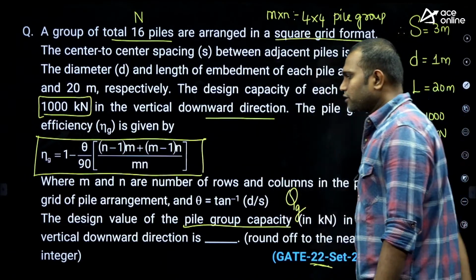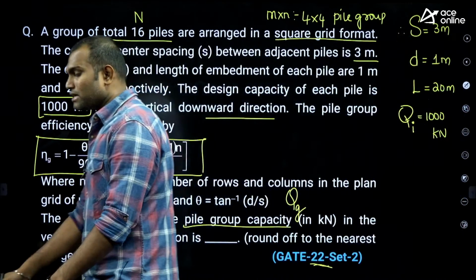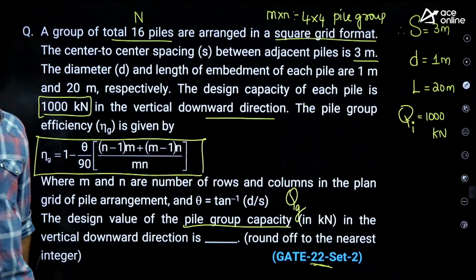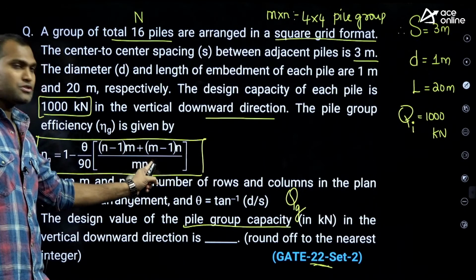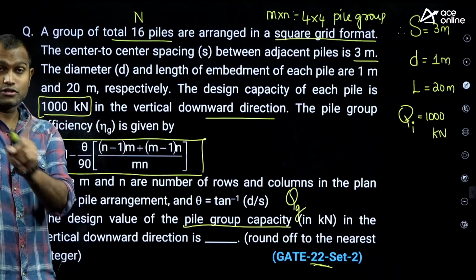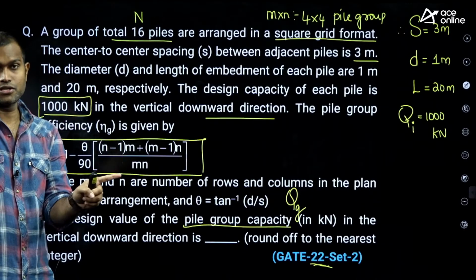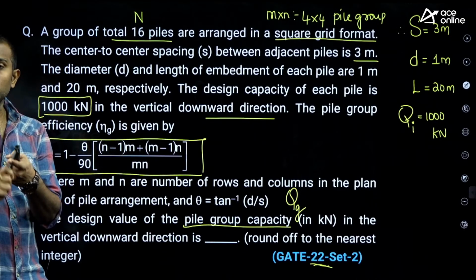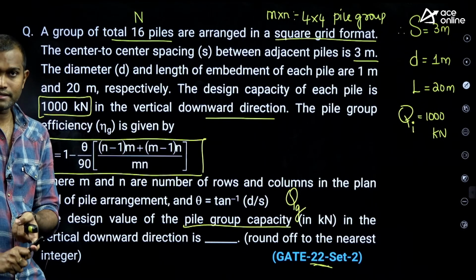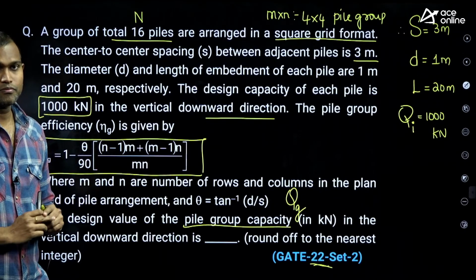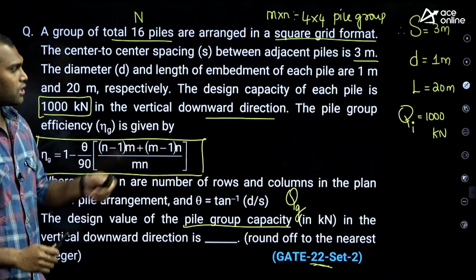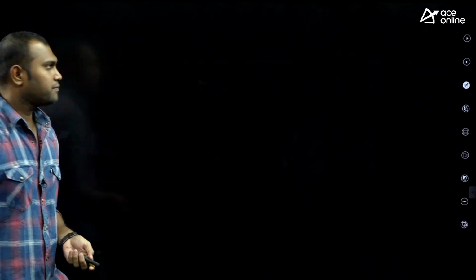In the entire question, have they ever mentioned what is the type of soil? This equation is going to be valid if and only if the soil properties are not mentioned. If you don't know the soil type, then only this formula will be used. Now, they have given the Q_I, I need to find out the Q_G.